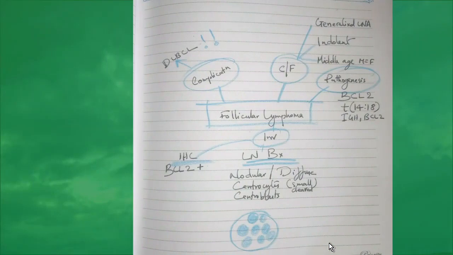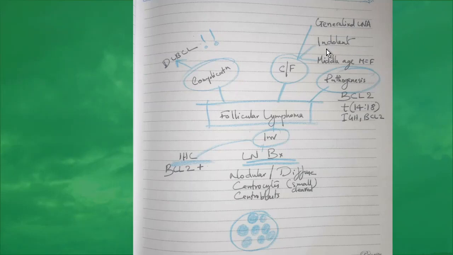Okay, now we go to the next small cell lymphoma. This is follicular lymphoma. Now follicular lymphoma arises from B cells within the follicles. Clinically they may present with generalized lymphadenopathy, and it's an indolent lymphoma.